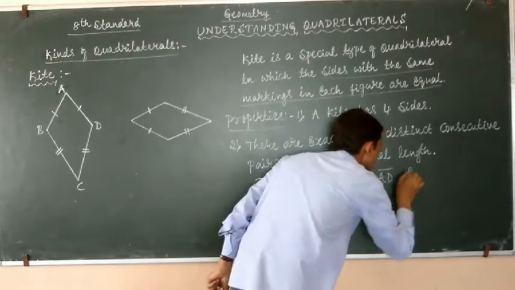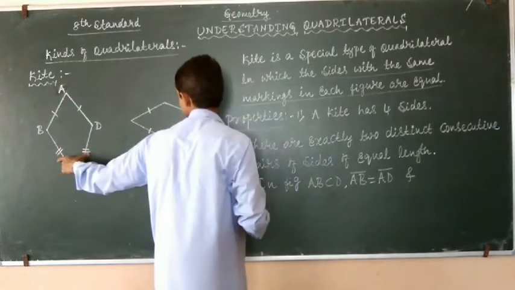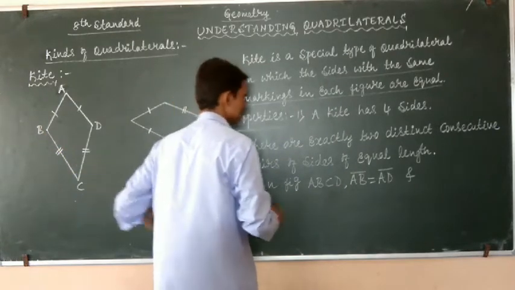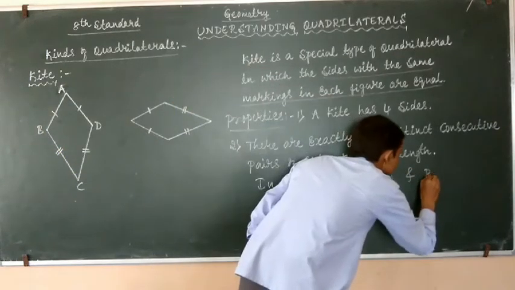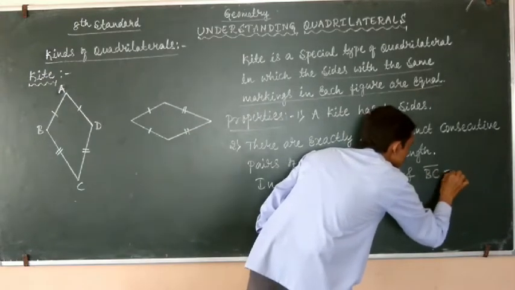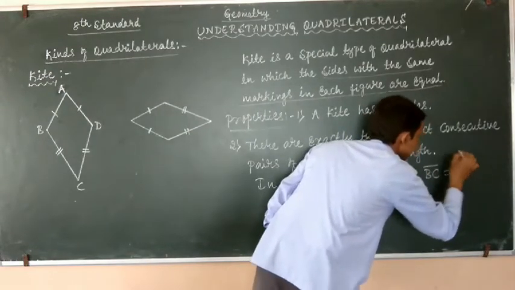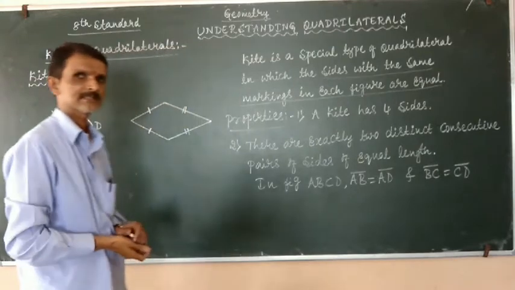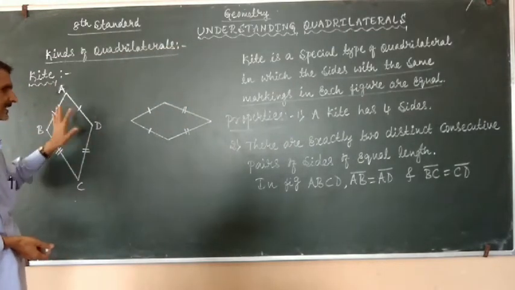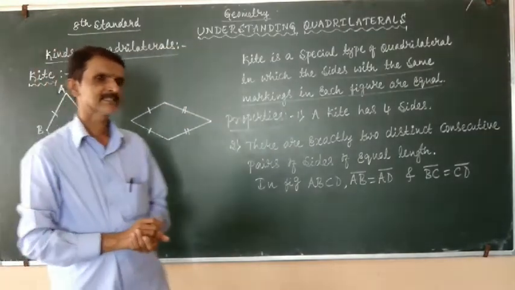And another pair of sides is side BC is equal to side CD.